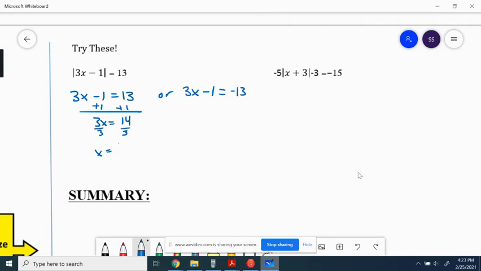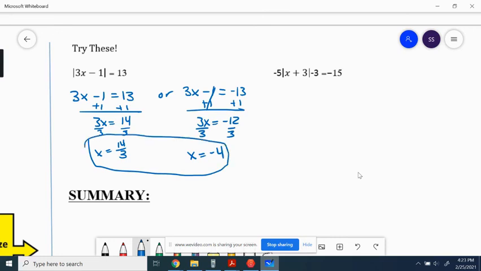X is equal to 14 over 3. I'm just going to leave that as an improper fraction. And I'm going to add 1 here, add 1 here. It's going to be 3x is equal to negative 12. Divide by 3, we get x is equal to negative 4. All right, there we go. There's our two options for x.